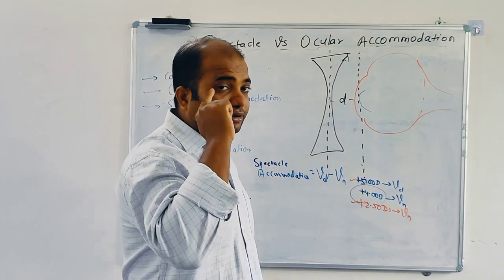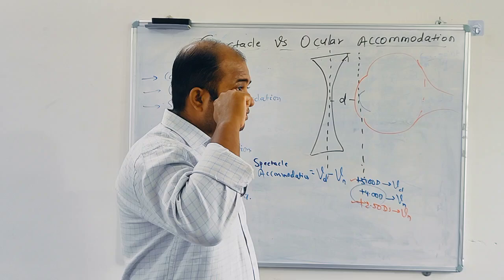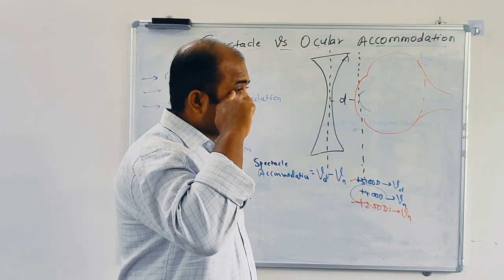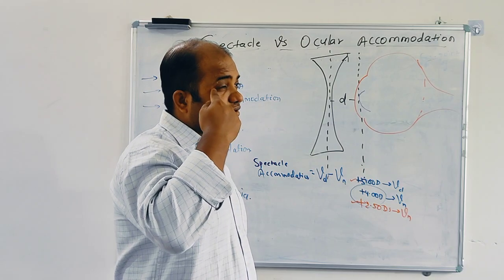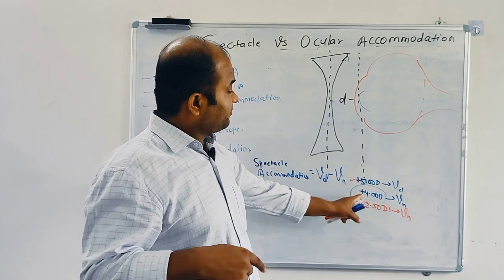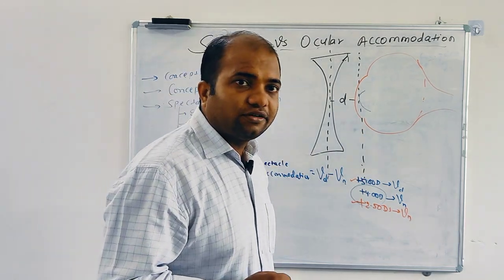It approximately resembles the distance near to the principal plane, because the cornea is a little in front. This lateral point is approximately near the principal plane. Okay, am I right?